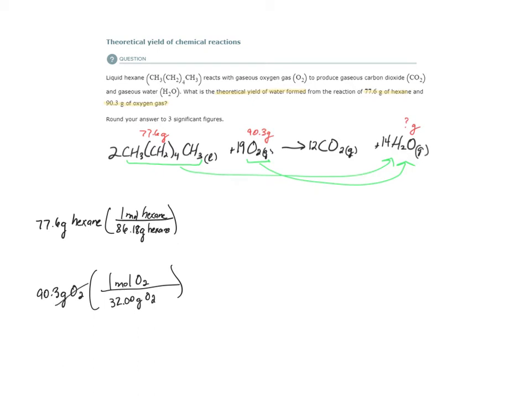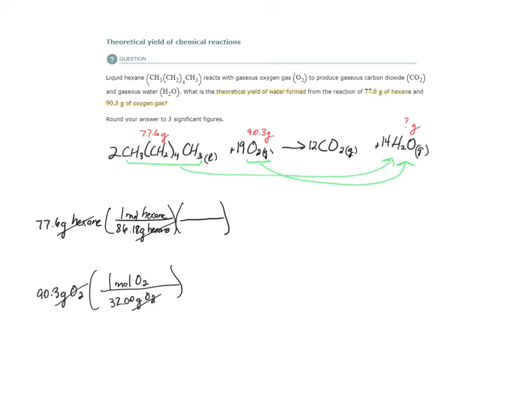So now we have moles of each of our two reactants. So now that I have moles of hexane, let's look at the balanced equation to pull the coefficients and the mole ratio that will allow me to convert from moles of this to moles of this.